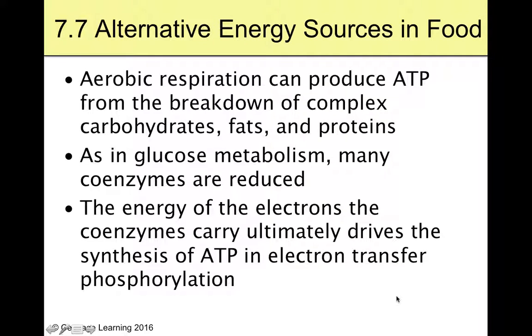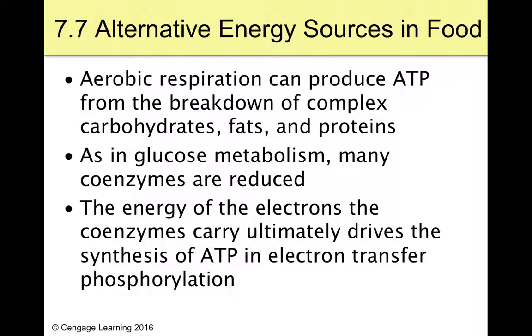All right, so we talked about all of these ways to make energy, but they all started with glucose, right? Not everything you and I eat is sugar. A lot of what we eat is carbs, but those carbs are broken down into glucose, and glucose is the beginning of glycolysis. But what about stuff like fats and proteins that we're eating that aren't carb-based? We still get energy from those. So what's the deal?